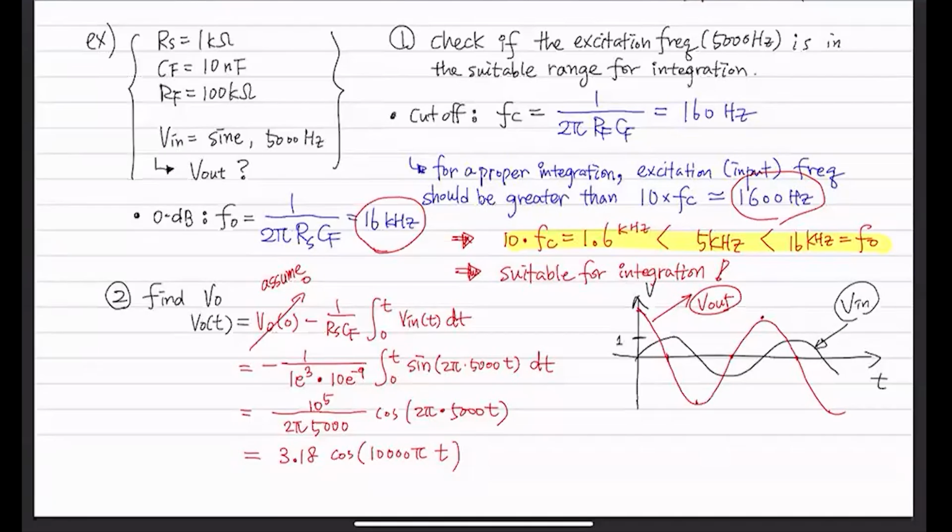We have an input that's a sine wave with an amplitude of 1, right? It's just a sine wave with amplitude 1. So this is your sine wave going in, and your output is going to have an amplitude of 3.18. So this is going to be 3.18 here, and it's a cosine, so it's a cosine wave like that.